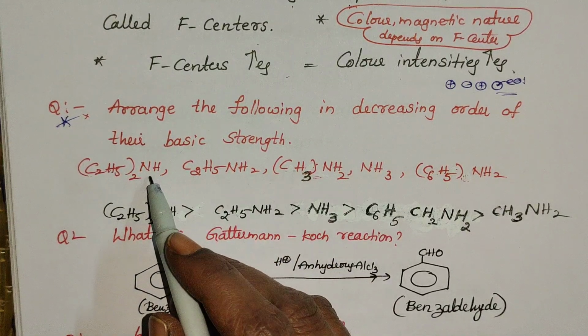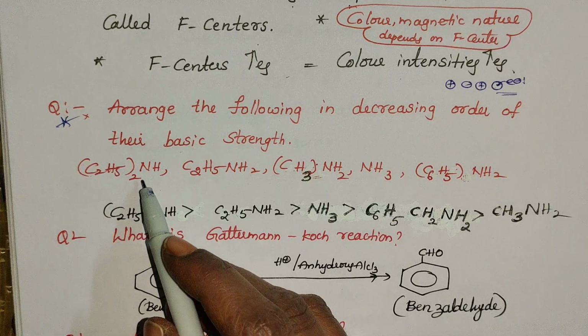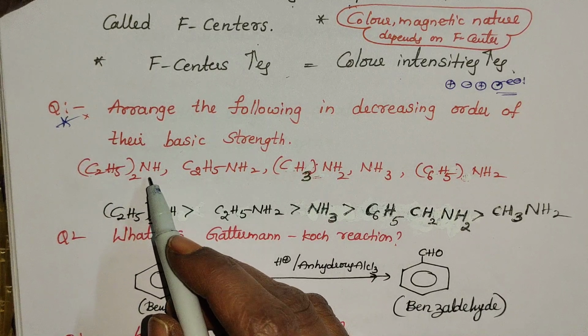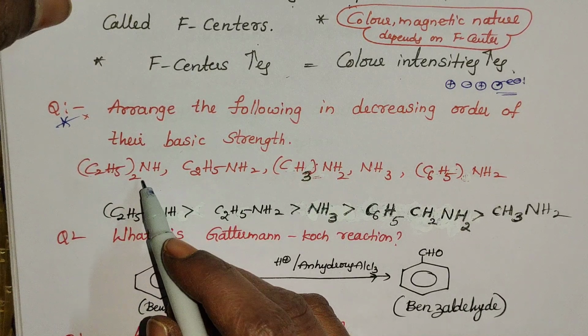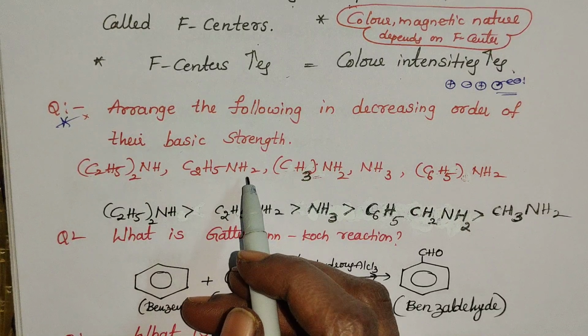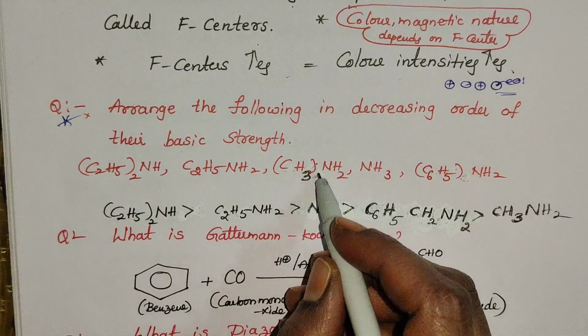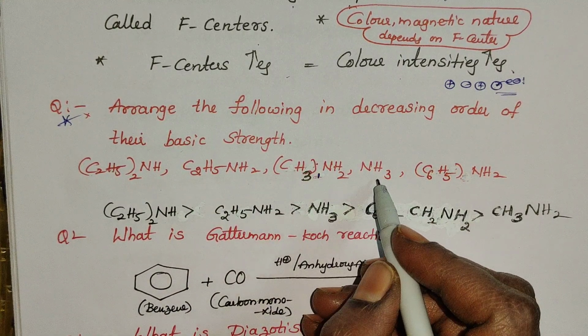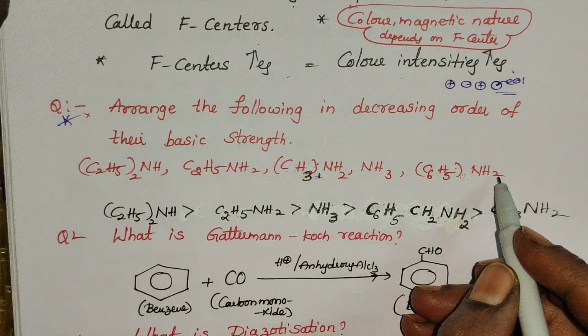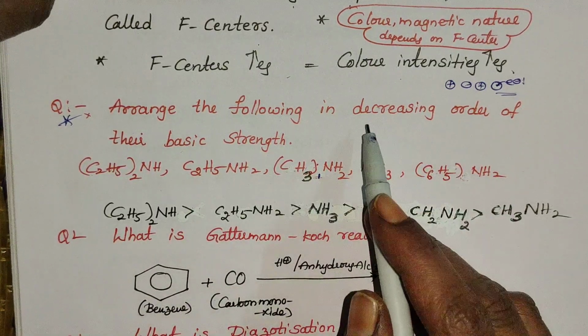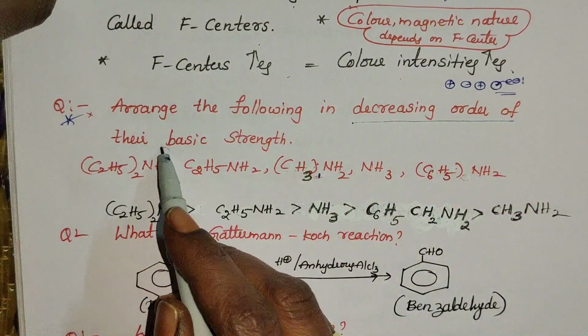Here in this ammonia, 2 hydrogens are substituted with the 2 ethyls. Like this: (C2H5)2NH, C2H5NH2, CH3NH2, NH3, and C6H5NH2. These are the compounds. We have to arrange them in decreasing order of their basic strength.